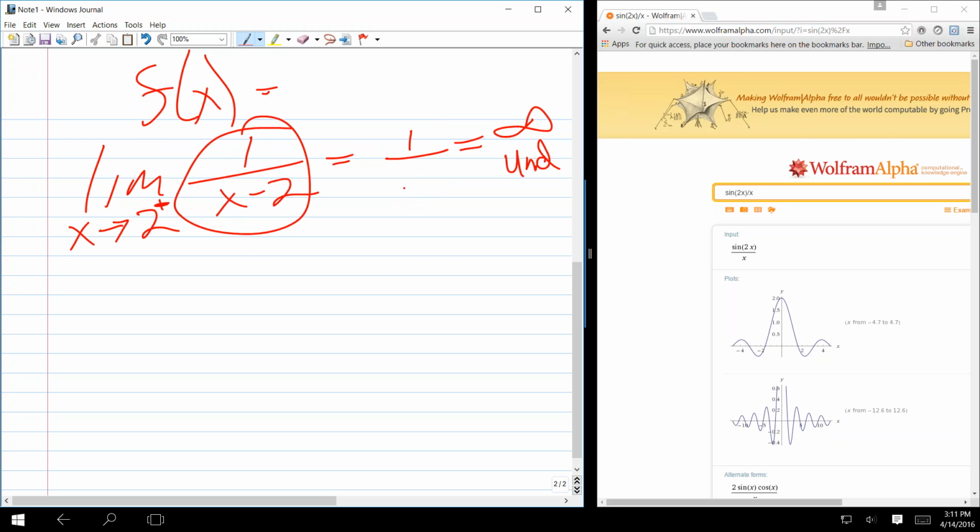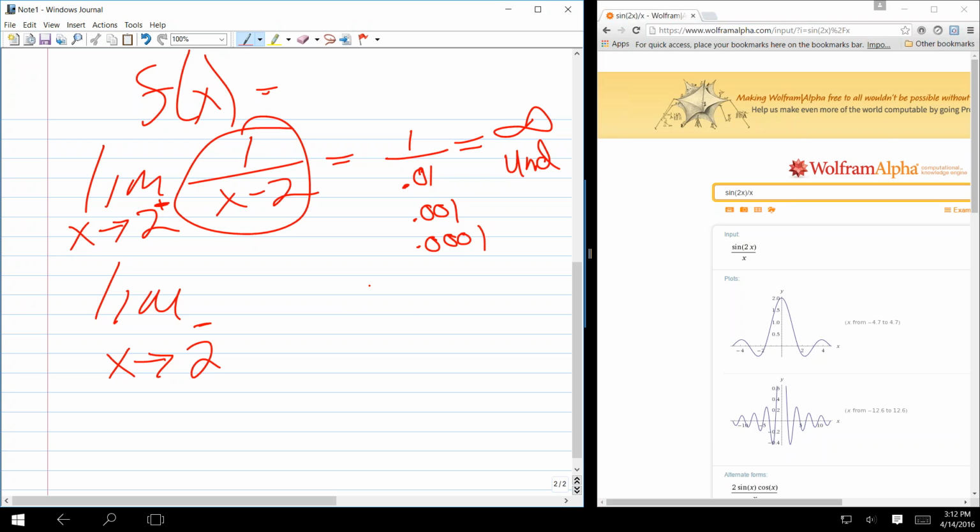So this number might start out at 0.01, and then it's going to get 0.001, and then 0.0001, the closer and closer I get to 2. So the limit is definitely infinity, because the thing gets bigger and bigger and bigger the closer you get to 2.